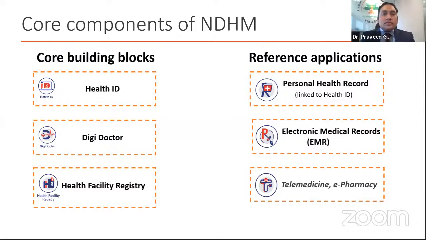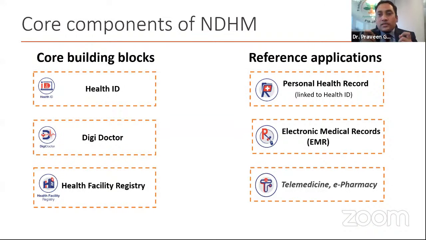So this is an important slide. What we are trying to achieve is basically interconnecting the electronic systems in various hospitals with various doctors with each other. And how is that going to happen? That may be the question that you may be thinking.